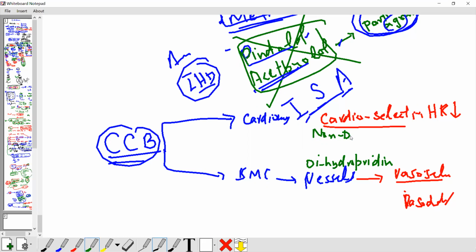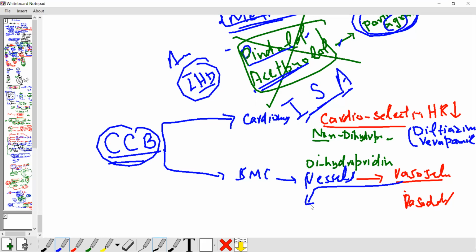It's a chemical structure classification. For the cardioselective non-dihydropyridines, we have two drugs: diltiazem and verapamil. These are cardioselective.